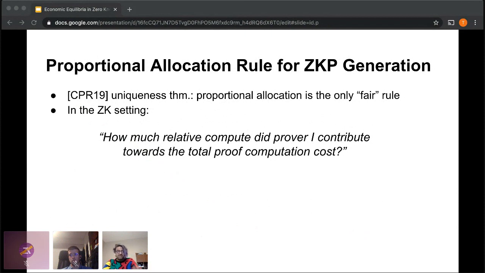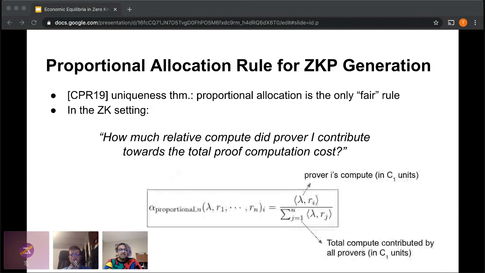So in Georgios' earlier slide, you saw the allocation in the zk pool. And the interesting thing is, if we try to write the naive version of the proportional rule, what it looks like here is, hey, how many units of compute does agent i have relative to all the other agents? The problem is it doesn't respect this constraint, which is that there's a minimum amount of compute you need to get things to work.